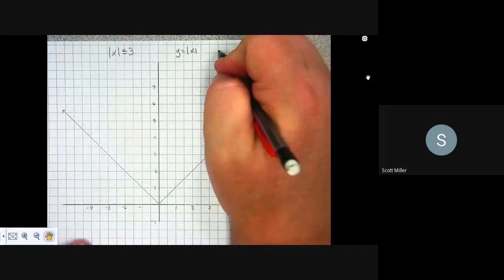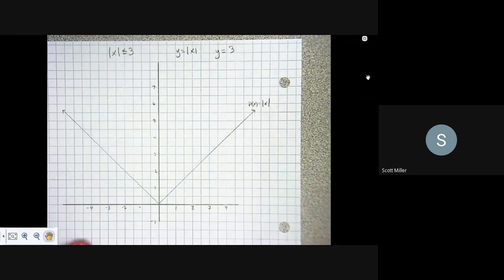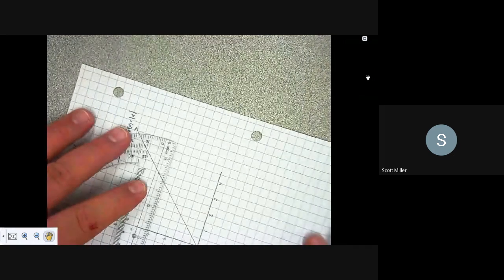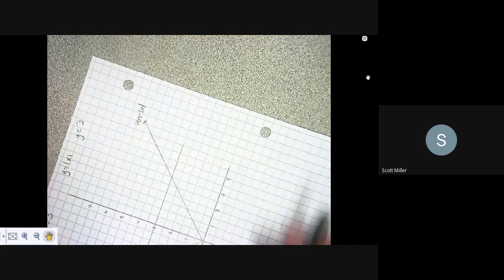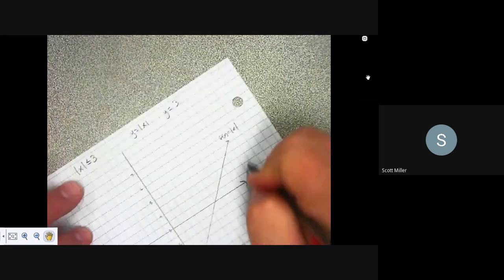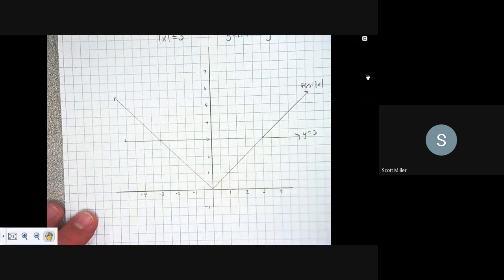Then we're going to graph the boundary line y equals 3. This right here is y equals 3. There are the two intersecting points at 3 and negative 3.